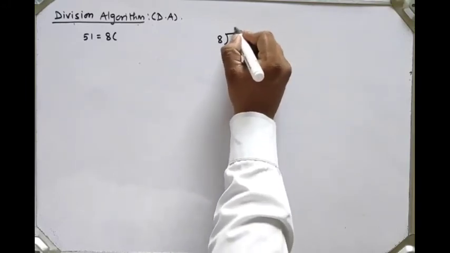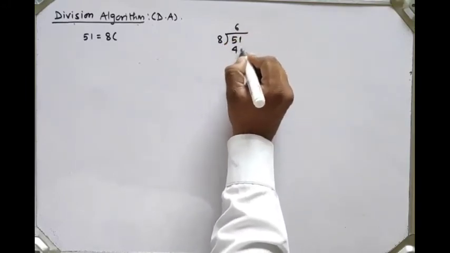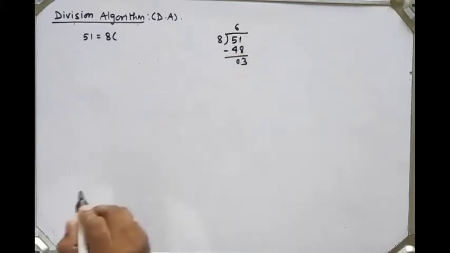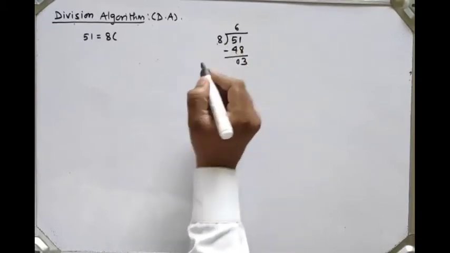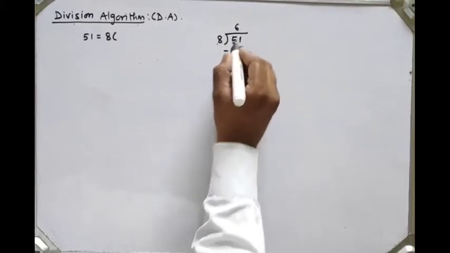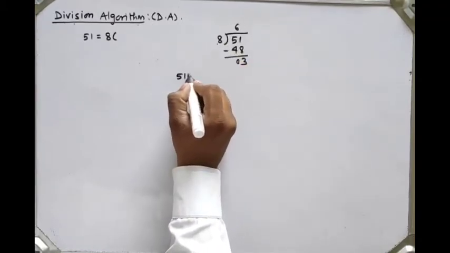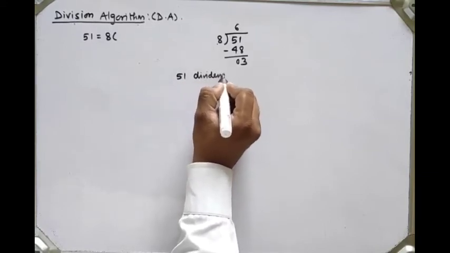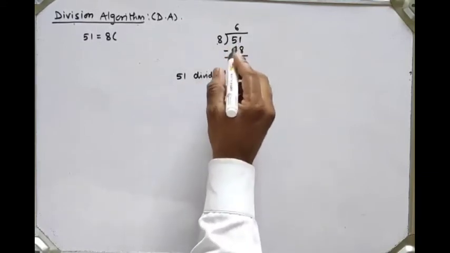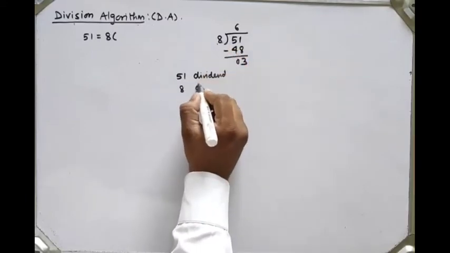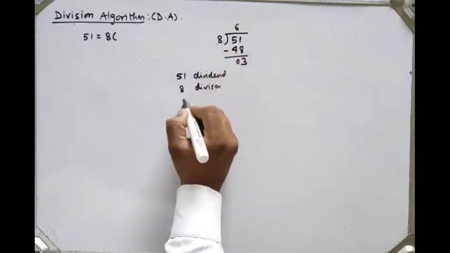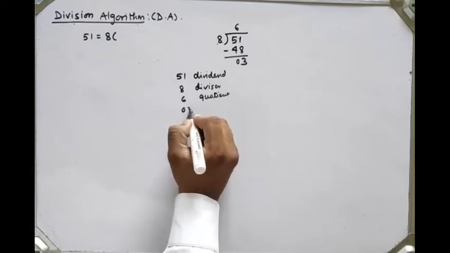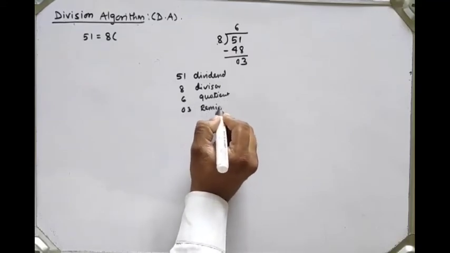So the remainder should be 3. So 51 is the dividend, 8 is the divisor, 6 is the quotient, and 3 is the remainder.